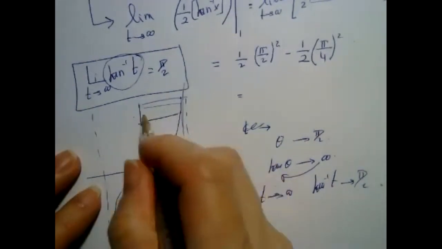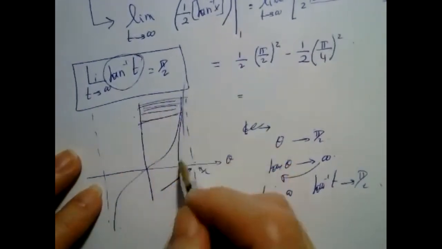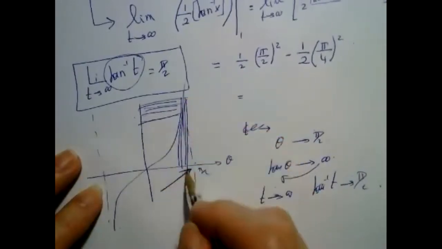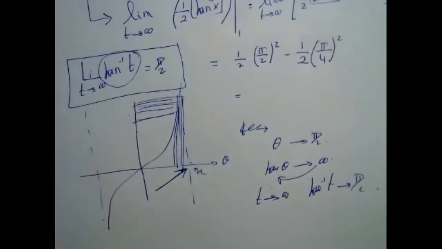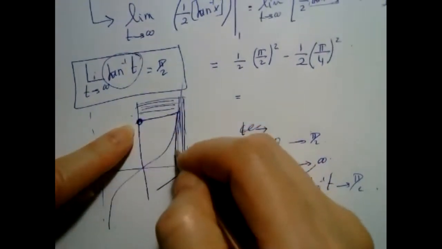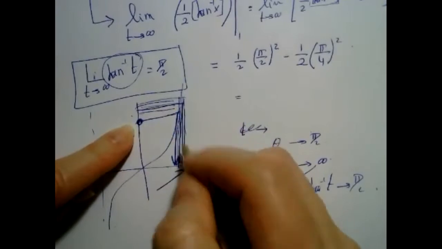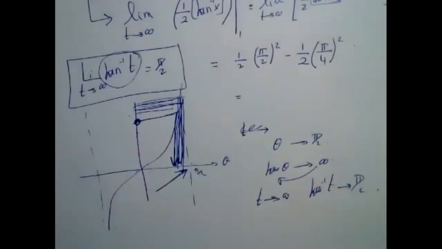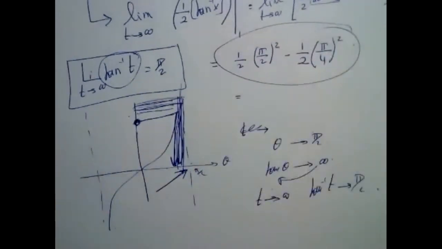So as t becomes larger and larger, the angle is going to come closer and closer to pi over 2. We're going backward. So when the output of the tangent goes to infinity, the angle is going to go to pi over 2.